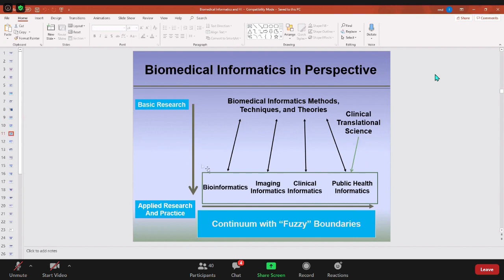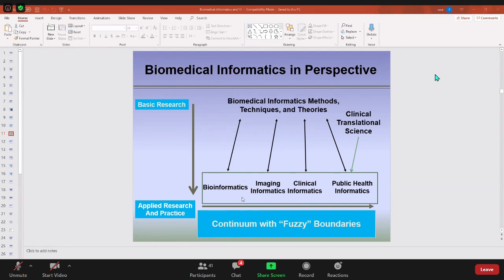So you realize that in the applied research and practice of this subcomponent of biomedical informatics, you can reclassify all these components as clinical translational science. So very much that people now talking about translational is no longer just clinical informatics alone, but incorporates bioinformatics.